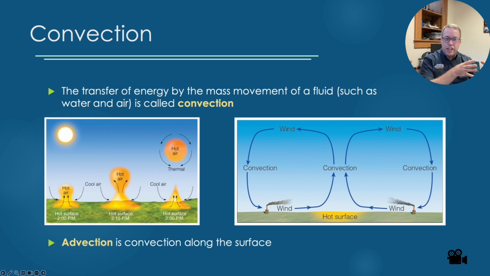You have energy that's moving along the Earth's surface. All right? So you have the convection cycle, you have the air moving in general, and the energy's moving with it, and advection is just that part that's along the surface of the Earth.